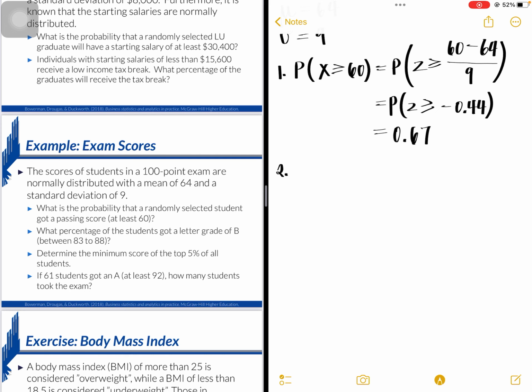Now for the second problem, we need to get the percentage of students who got a letter grade of B, or a score between 83 to 88. So to do this, again, we formulate this in terms of x. So basically, the problem is asking for the probability that the score is between 83 and 88.